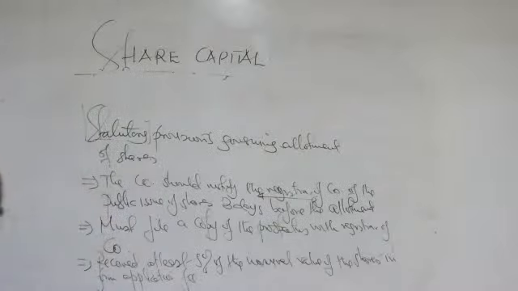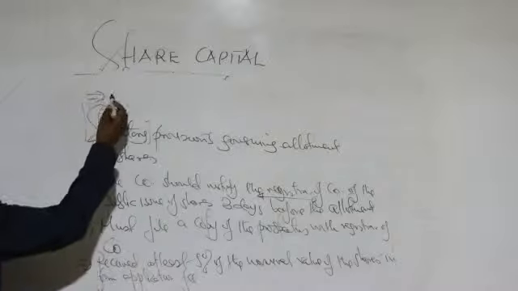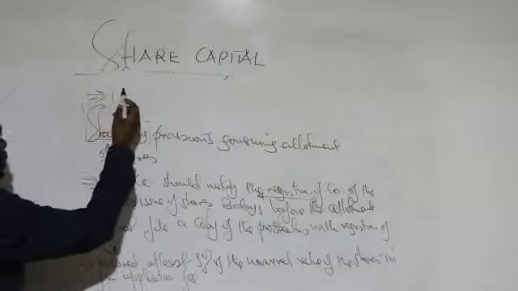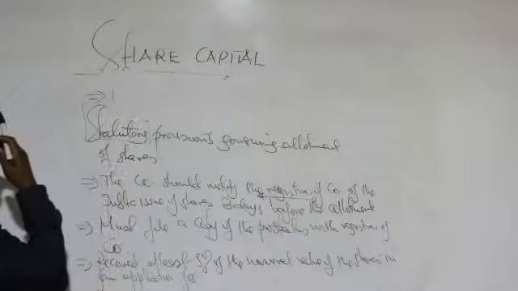Then of course the last key one, the company should have received the minimum subscription stated in the prospectus before they can actually allot the shares.